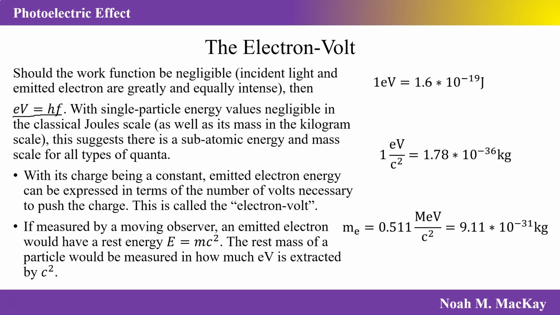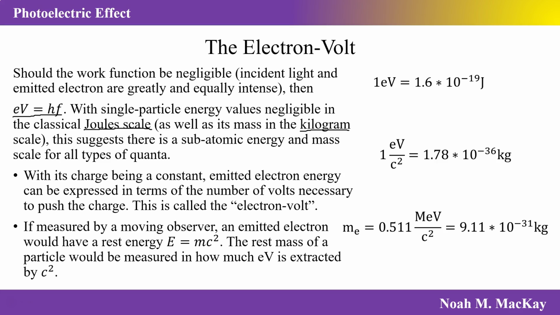So for single particle energies, particles being small bits of matter, they have very small masses and therewith very small potential energies. Because of this very small energy on the joule scale and very small mass on the kilogram scale, let's consider a new scale of energy and mass.